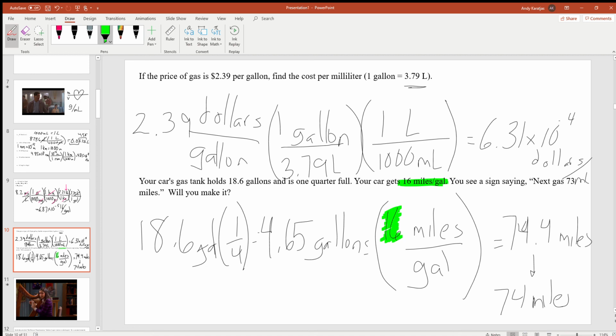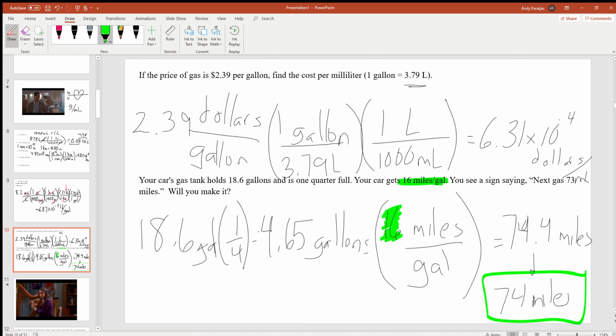And so in our answer, we are going to have to stay at two significant figures. Now, what the question's asking us is we see a sign saying next gas 73 miles. Will we make it? Well, I think we conclude that in theory we would make it, but probably not the best idea to risk it.